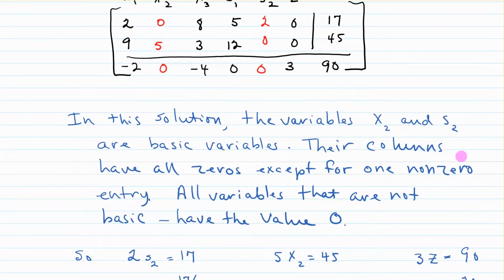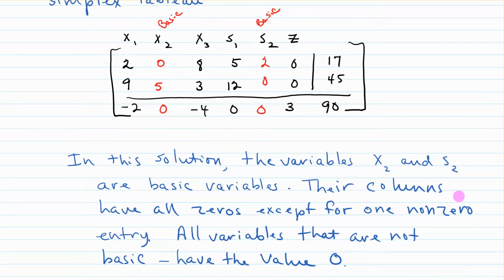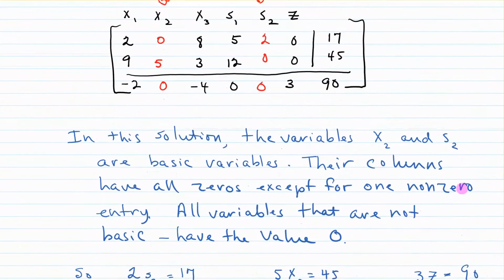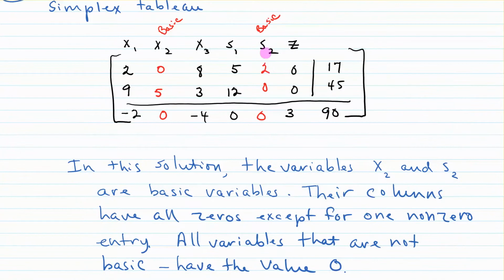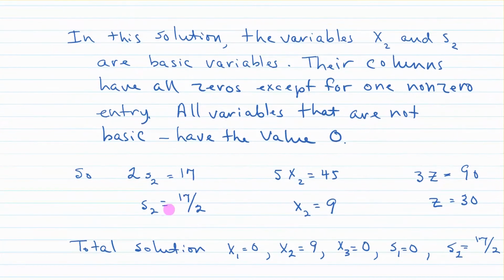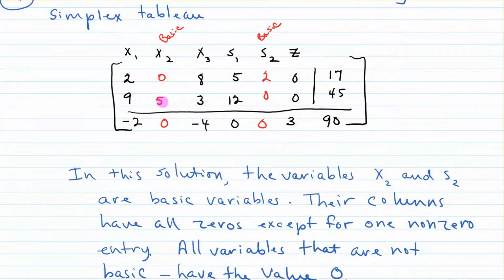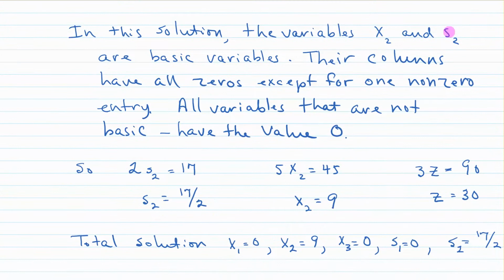So if we were going to read the solutions, here we have 2s sub 2 equals 17. And we solved that. So s sub 2 must be equal to 17 halves. The x sub 2, 5 of these equals 45. We solved that, so x sub 2 equals 9.